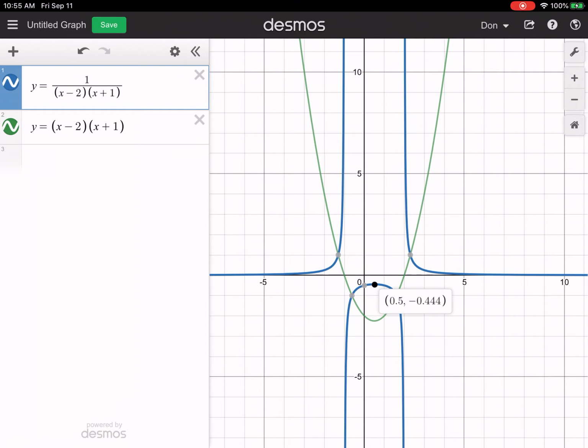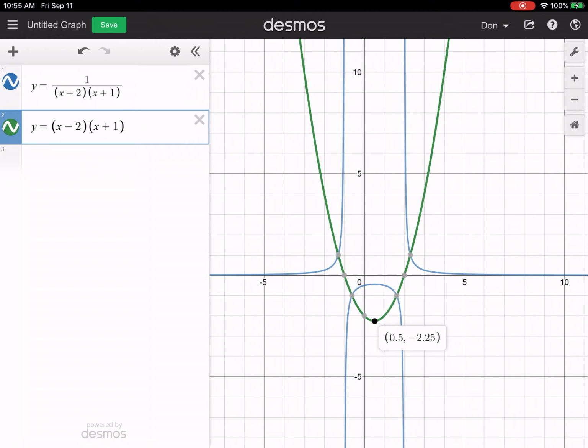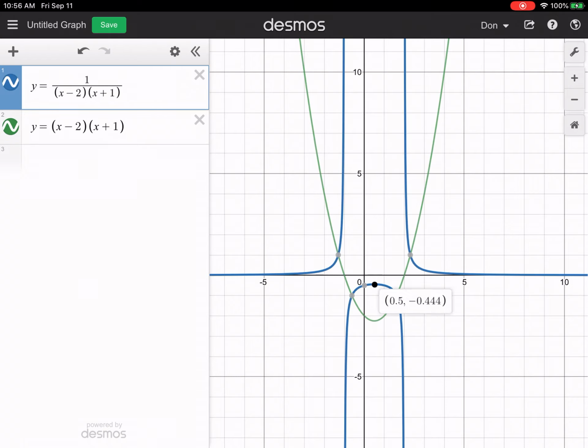Take your calculator and divide 1 by -2.25, and what you should get is -0.4444, because the reciprocal, again, is 1 over the function. But we could even do this point by point. If I want to find the reciprocal of this point that I've got highlighted here, 0.5, -2.25, the reciprocal of that would be 0.5 and -0.444. It works on a point-by-point basis.